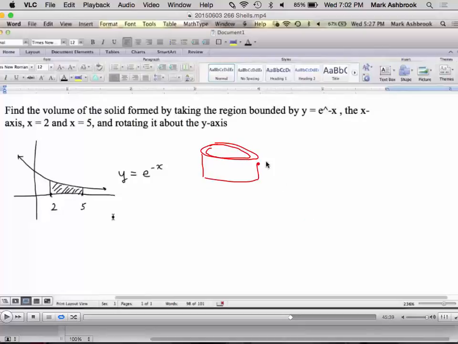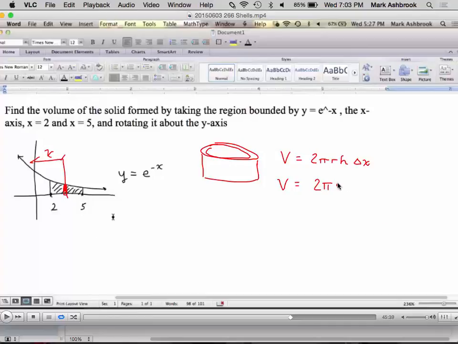Okay, so that's the worst shell I've drawn all day. It's going to be 2 pi r h delta x or delta y? Delta x. What's the radius of our shell? We're rotating about the y-axis, so the radius is just x, the distance from the y-axis to our strip, because we're rotating about x equals 0.